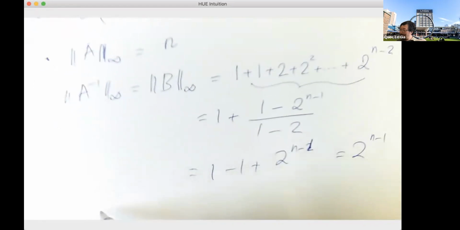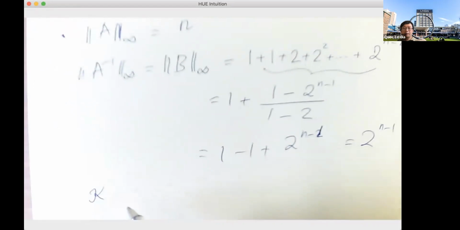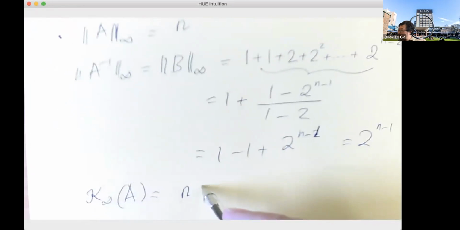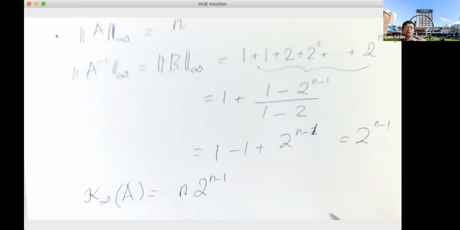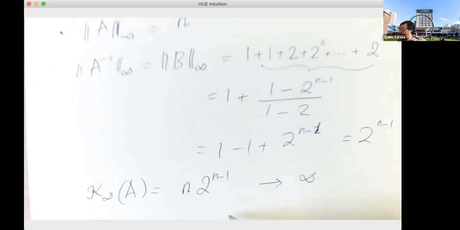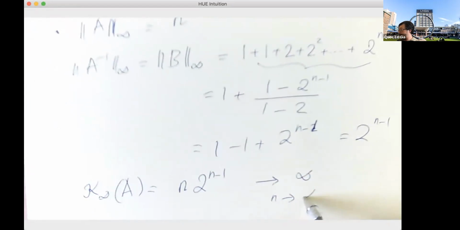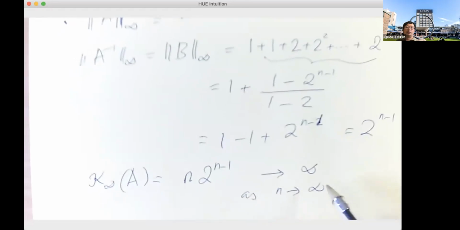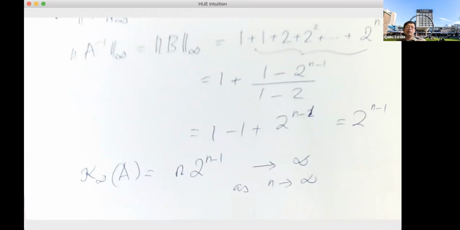So then the condition number, it's just the product of the two, right? Will be n multiplied by 2 to the n minus 1. And you see this one can go to infinity when n goes to infinity. Okay, so what does it say here? So this says that the determinant, okay, determinant is 1.